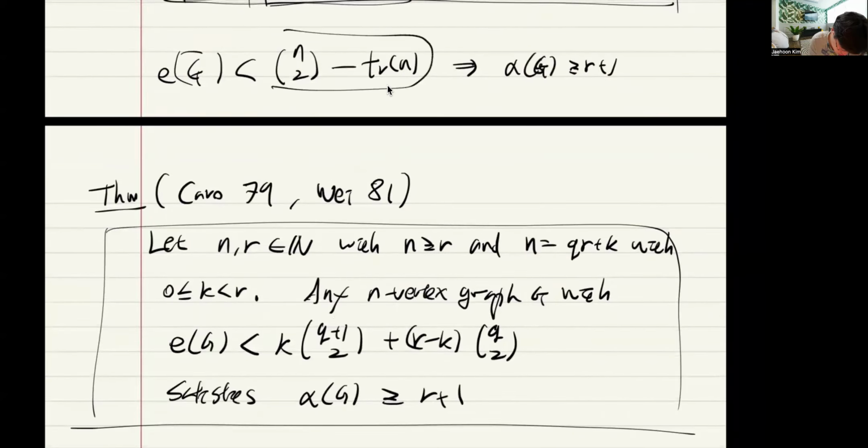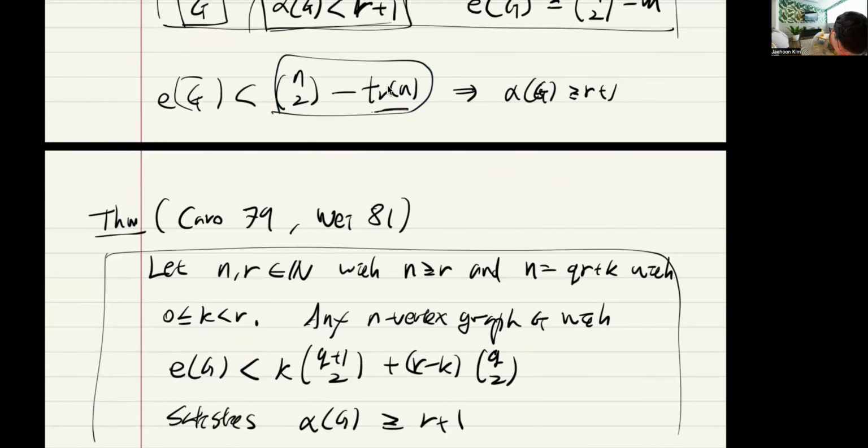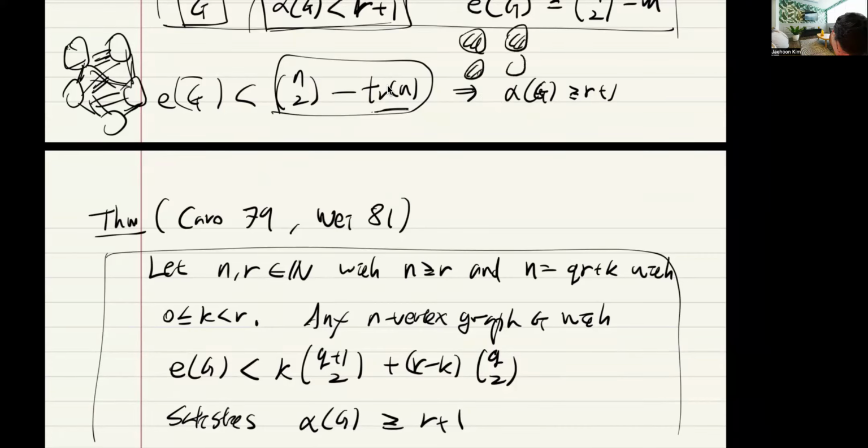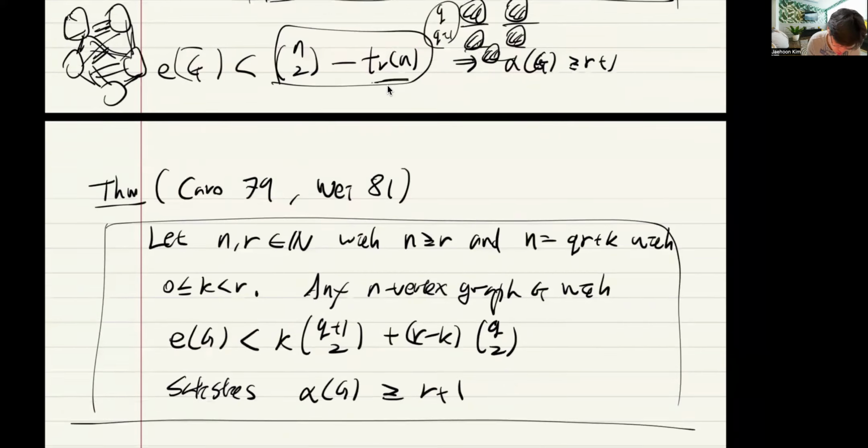So what's this number? This t sub r is exactly the number of edges in this balanced complete multipartite graph. And then its complement is exactly the disjoint union of cliques, so that all the cliques have as equal size as possible. Each has size q or size q plus 1 for a certain q.